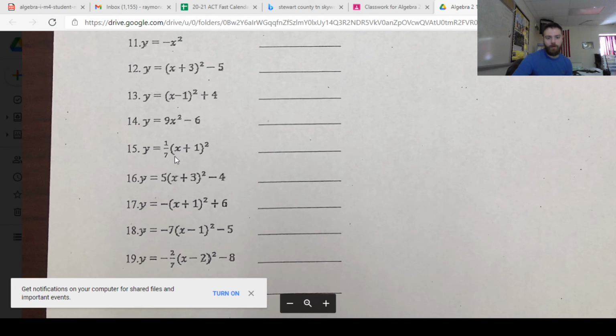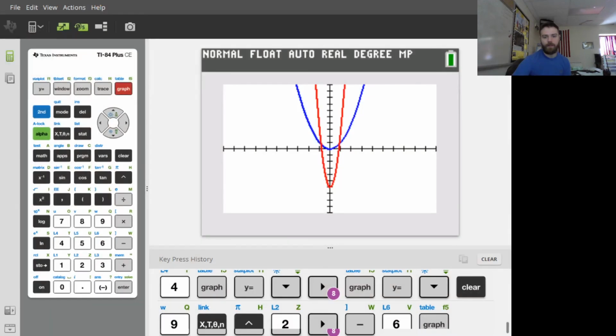So this one, I know I've got a 1/7 on the outside, so that 1/7 is actually less than 1, so it's going to compress the function by a factor of 7. So I think I'm dropping frames here, but that's fine. And if you take a look over here at x plus 1 quantity squared, it's going to shift the function left 1 unit.